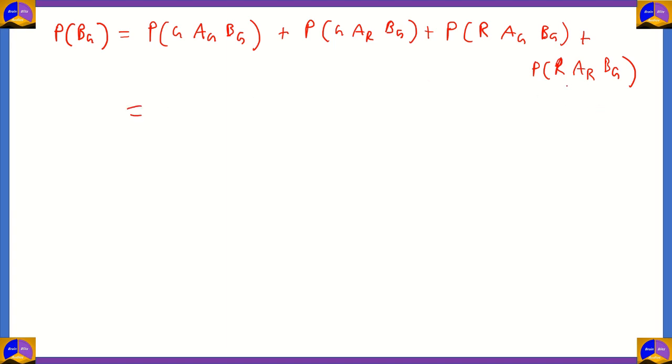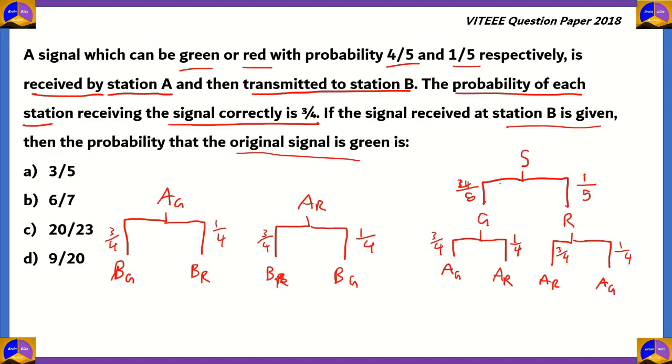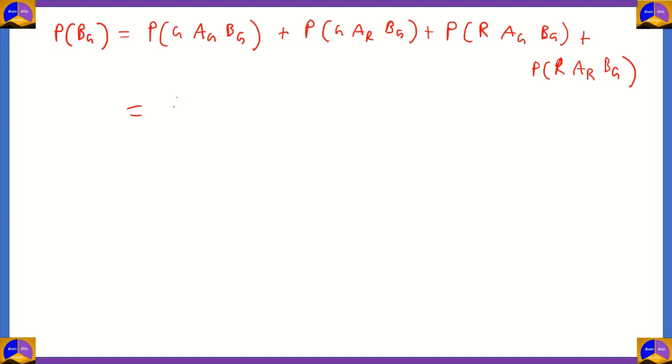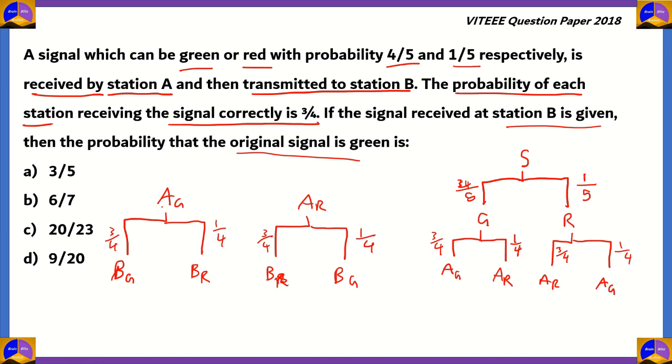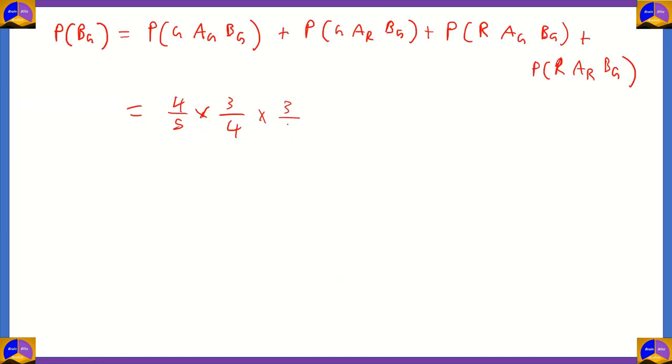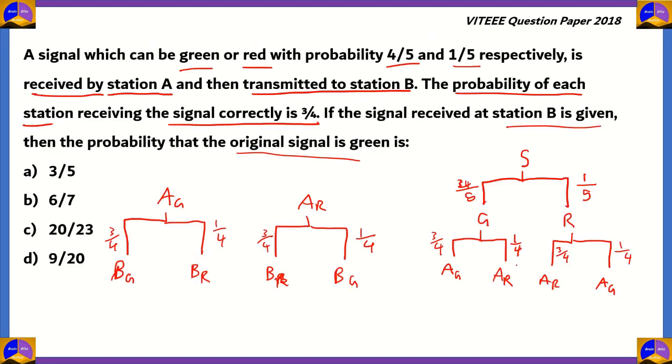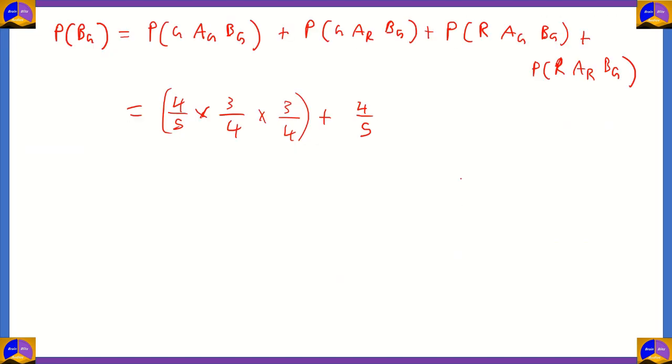So now we're going to calculate all of them. P of G, that means green signal being sent, is 4 by 5, and A receiving a green signal is 3 by 4. B receiving a green signal will also be 3 by 4. Plus, P of G is again 4 by 5, but from here, the probability of getting A red is 1 by 4.